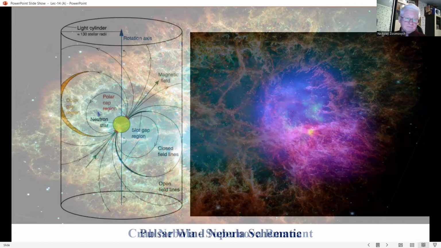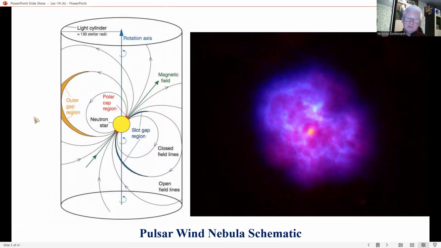A spinning neutron star slows as it radiates its energy into space. Most of the energy emitted by a pulsar is carried away as a pulsar wind. And theory predicts that a neutron star cannot have a mass greater than about 3 solar masses.